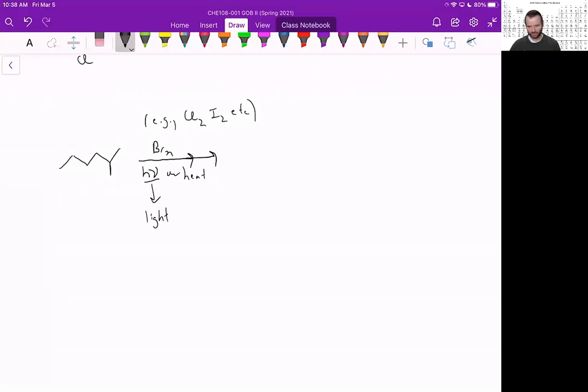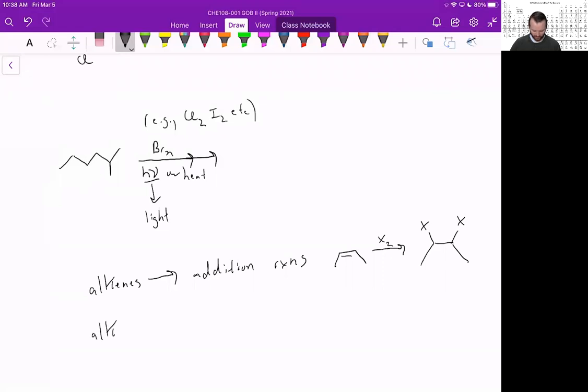Now this differs from an alkene. Remember, alkenes undergo addition reactions. For the double bond, you have something like this. So in addition, the double bond's broken and you add two halogens.